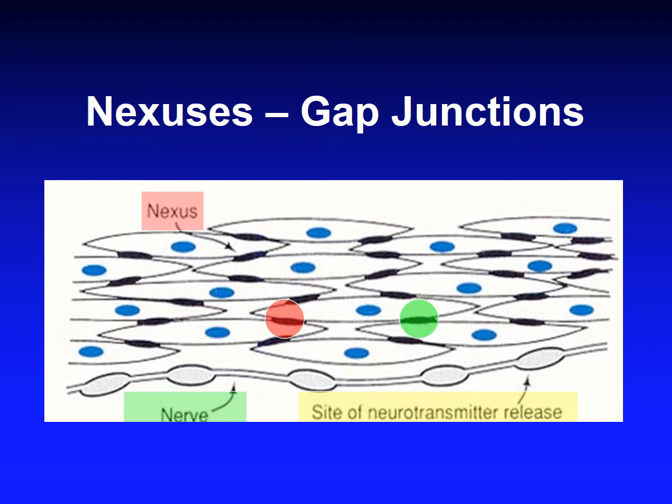Another characteristic is that they are supplied by enteric neurons, which contain varicosities. And finally, the smooth muscle cells are connected by gap junctions, also known as nexuses.